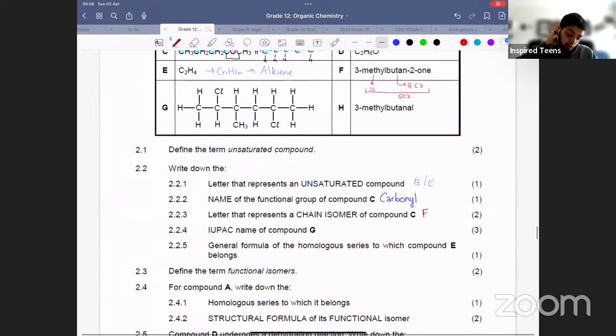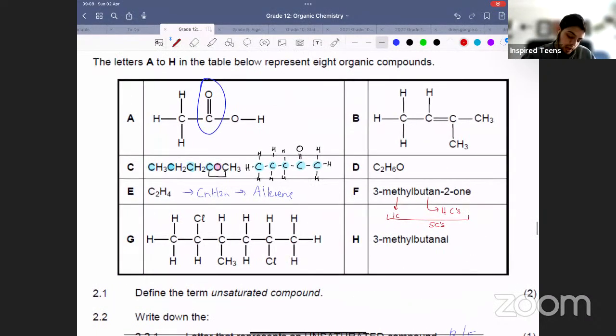Okay, let's look at 2.2.4. Give the IUPAC name of compound G. I want you guys to try this out. If you like, I'll give you a minute or so.